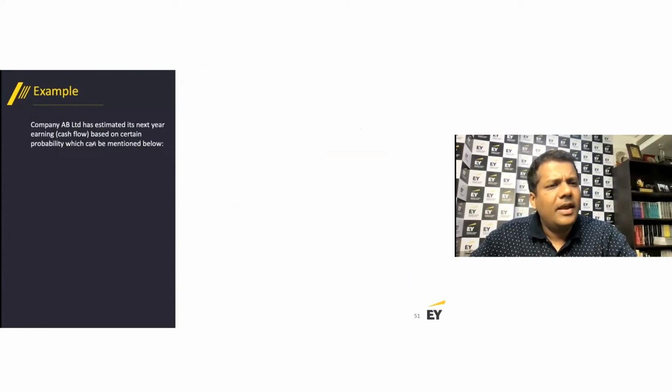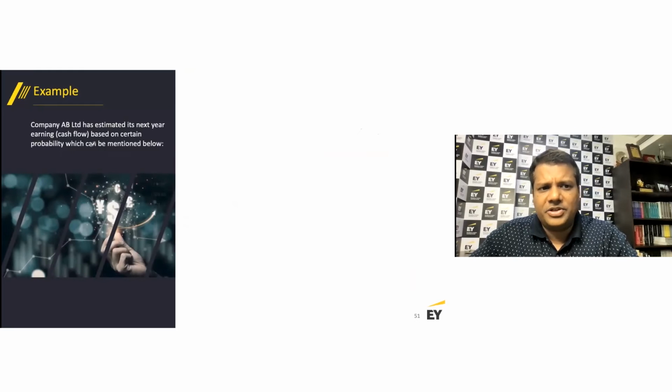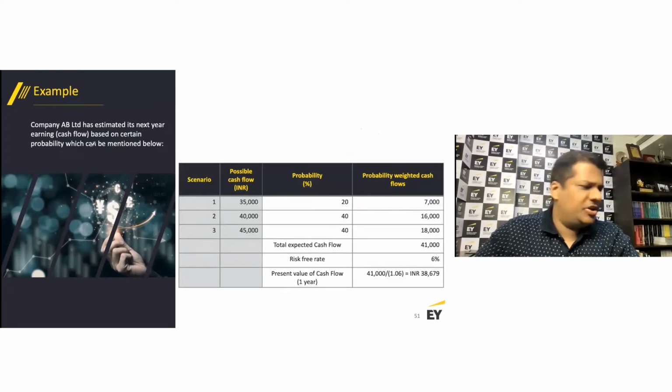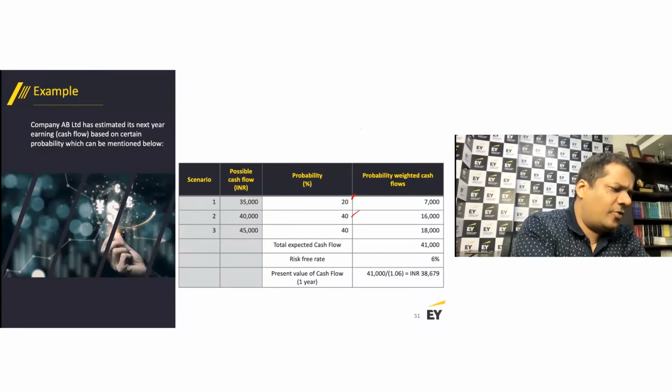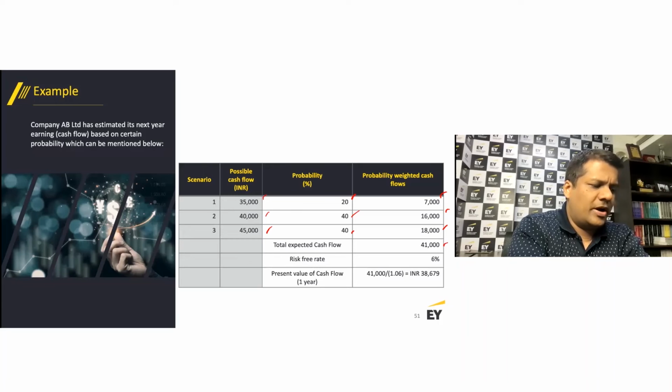So when you look at an example, company AV Limited has estimated its next year earnings based on certain probabilities, which are 20%, 40%, 40%. And my possible cash flows are this much. So I'm going to apply them. I get to a total expected cash flow of 41,000. I'm going to look at a risk-free rate of 6%.